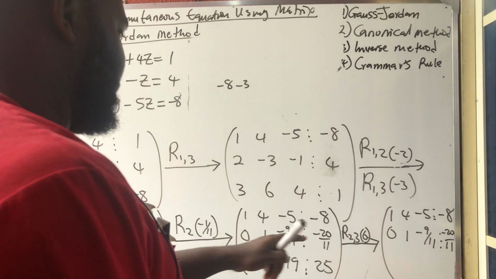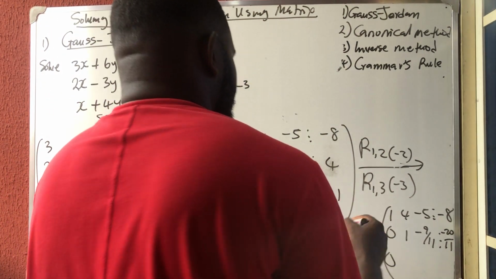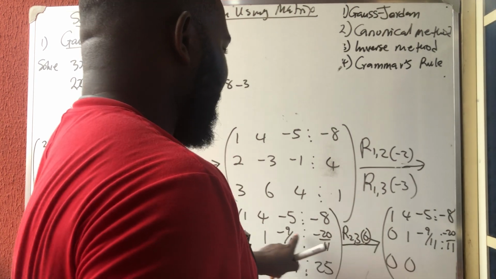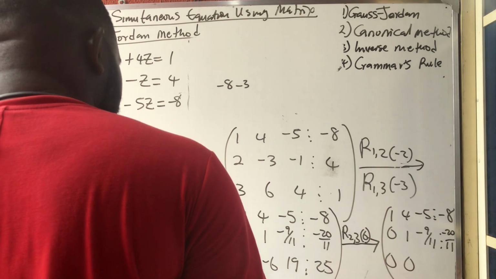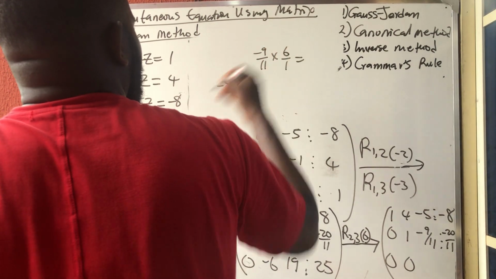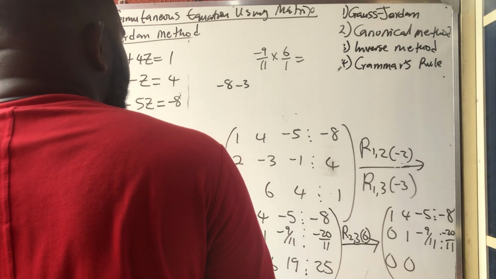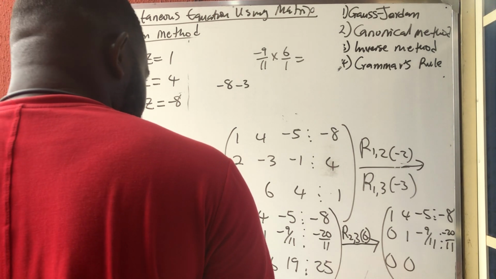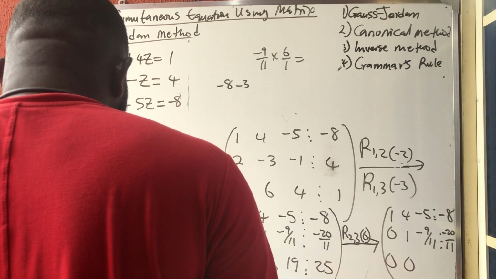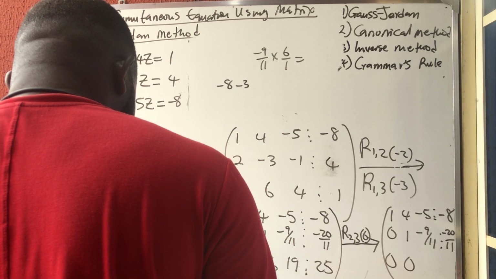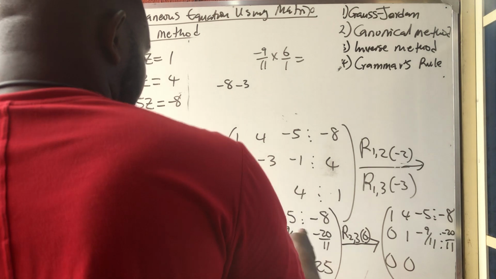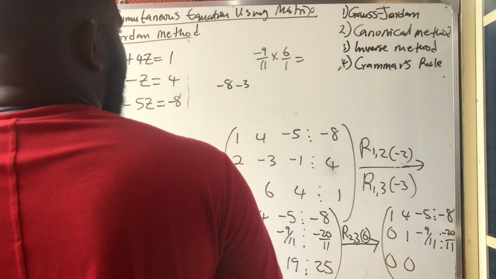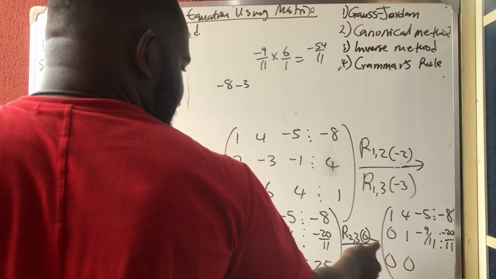Then finally 6 times 0, 0, 0 plus 0, 0. 6 times 1, 6, 6 minus 6, 0. 6 times minus 19 over 11 will give you minus 9 over 11 times 6 over 1, so 9 times 6, that is 54. So I'm having minus 54 over 11.